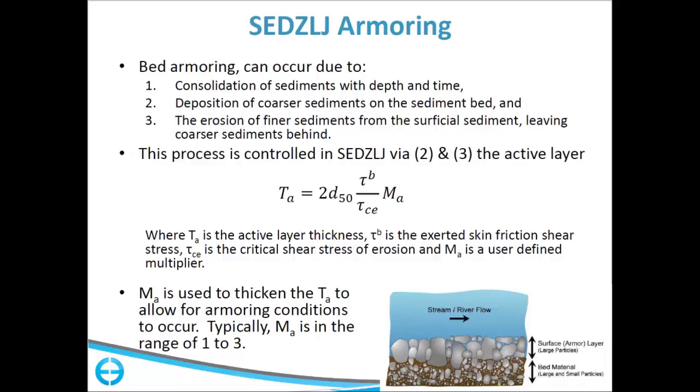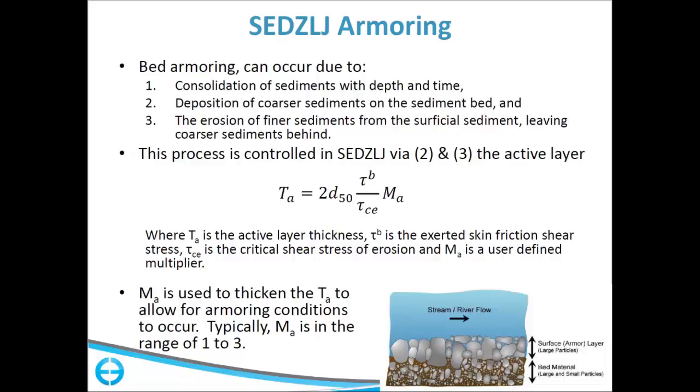This little diagram here kind of shows it. You have your finer material that is essentially armored or protected from the applied shear stress at the sediment water interface by your coarser material. That process is controlled within SEDZLJ through the calculation of your active layer thickness.